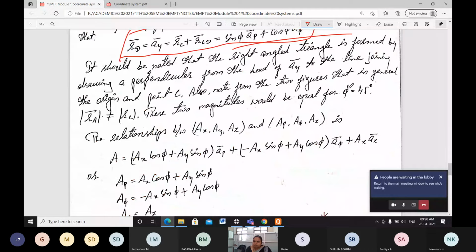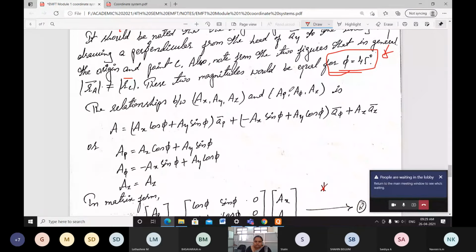Also note from the two figures, in general RA is not going to be equal to RC. The two magnitudes of RA and RC are going to be equal only when phi is 45 degrees. This is one small point.